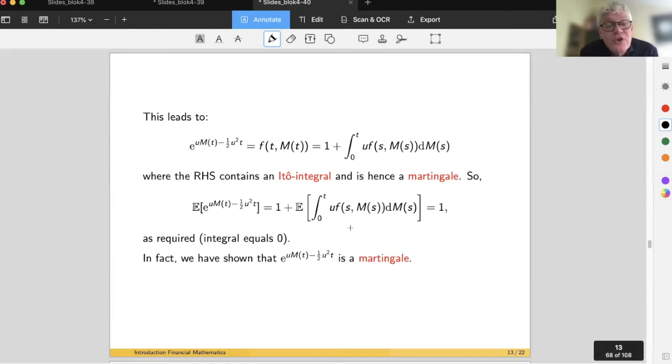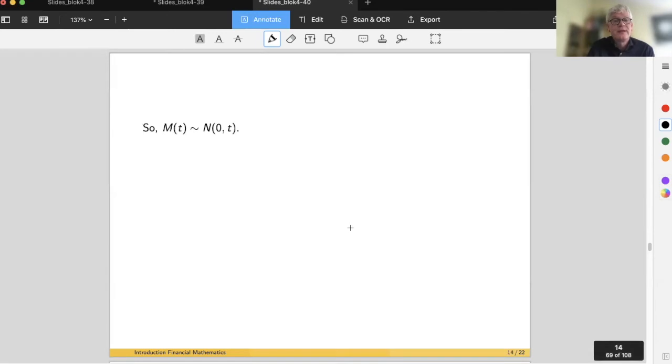So what we have now shown is that e to the power u m_t minus 1/2 u squared t is a martingale, with m a martingale. And also m_t is distributed like a normal distribution with mean 0 and variance t. Now we need some work to get back to equation 1.